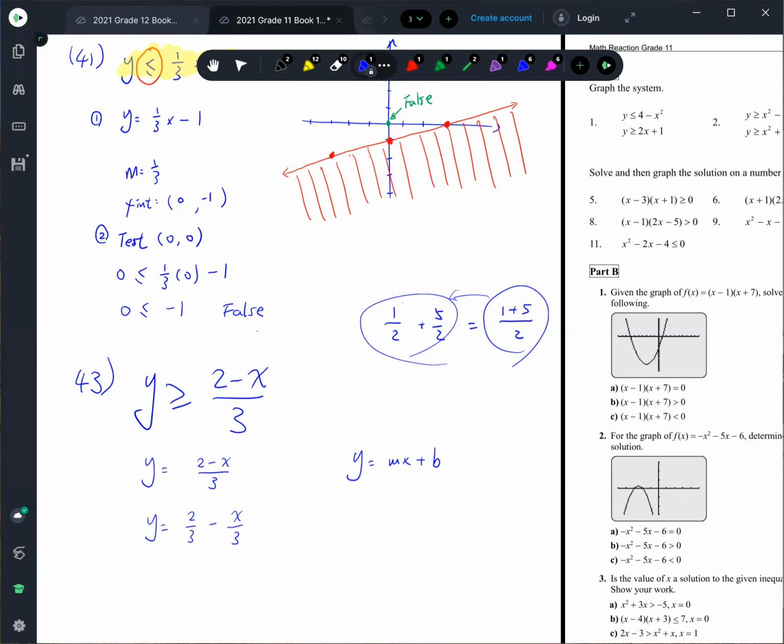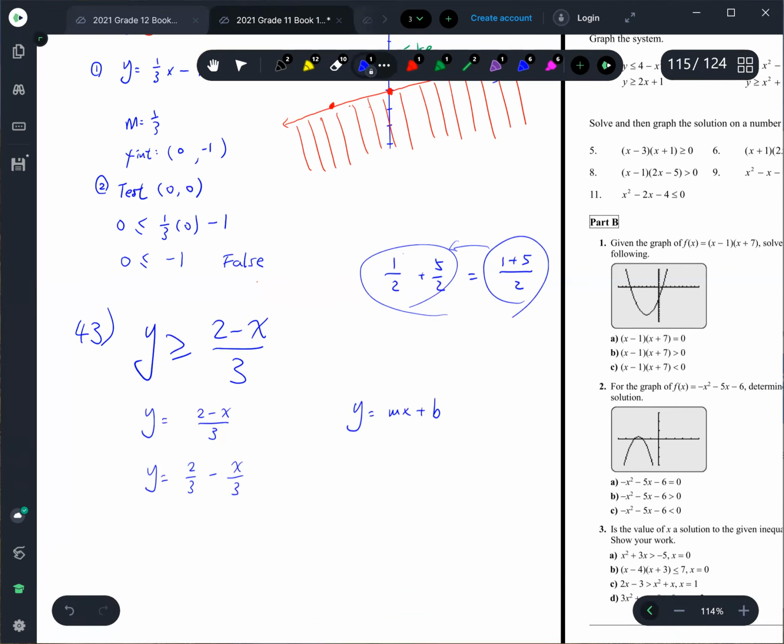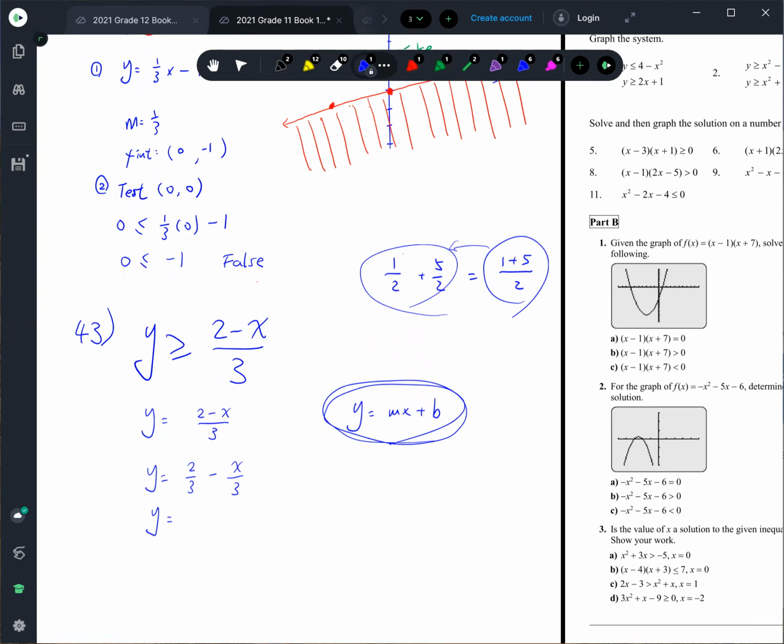Okay, Aaron, you got that part? Yeah, I get it. But the slope y-intercept form has to be in this order. So what else do we need to do now? You basically just move the negative x over 3 to the left. So negative x over 3, and then plus 2 over 3. That's right.